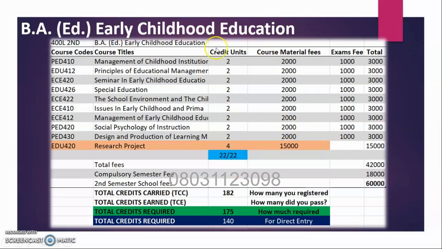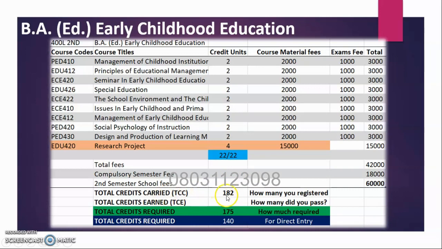So you have 22 of 22, you have to pass all of this. This is the most challenging semester because there's no chance for carryover. If you carry any course over here, you are likely going to come back to the school and register it again with 18,000, maybe just to take an exam for one or 2 courses. We don't pray for that.